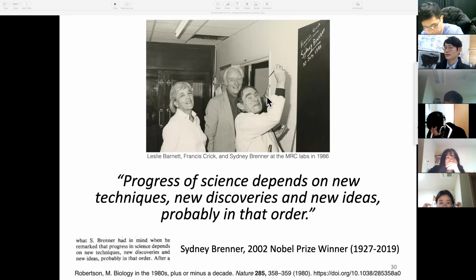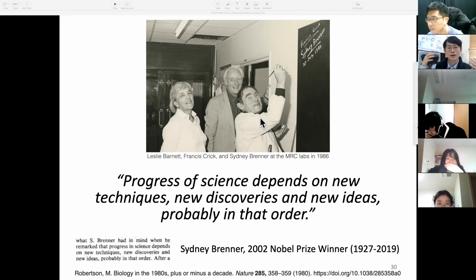A photo of Sydney Brenner. When I was a second-year graduate student, he got the Nobel Prize, and I watched him come and give a lecture. What he's known for is using C. elegans as an animal model, because it has very few neurons, less than 1,000, all of which have now been figured out.